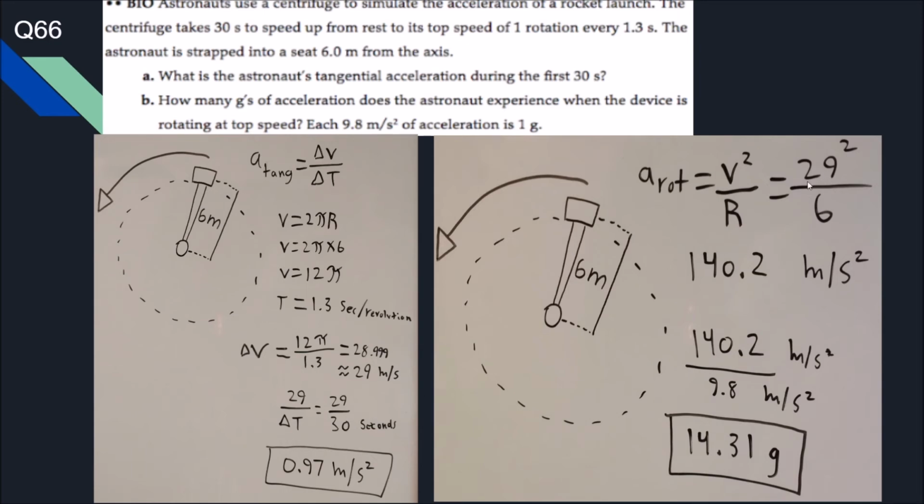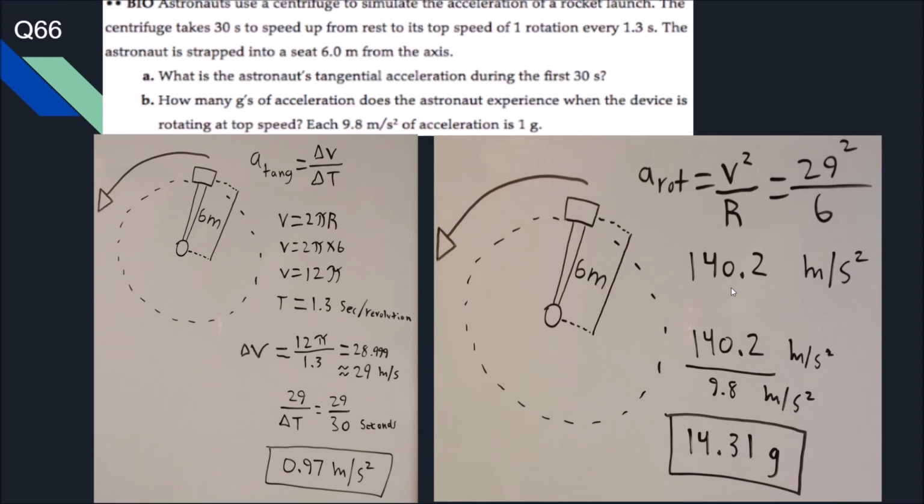We're going to use this in the acceleration for rotational motion, which is v squared over the radius, which equals 29 squared over 6, which gives us 140.2 meters per second squared.